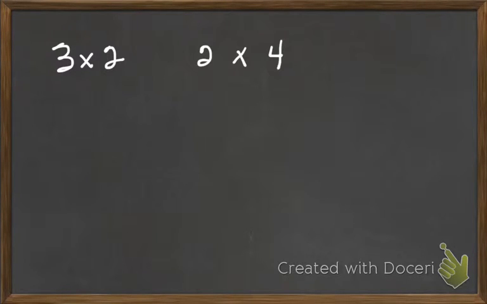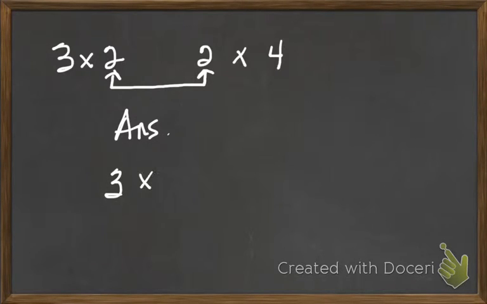Would that be possible? According to what I just told you, yes, it's possible because the 2 inside dimensions are the same. Okay? And then your answer would have dimensions of 3 by 4.